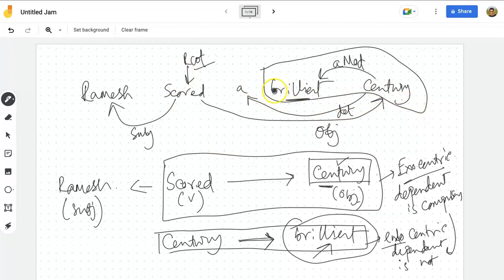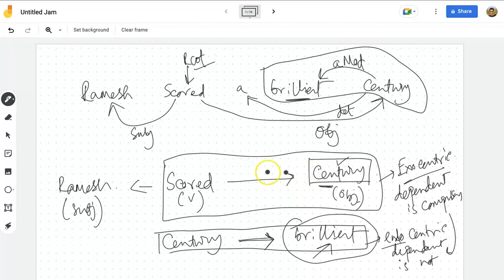Now for each of these dependency arcs, two kinds of relation are possible. One is exocentric and one is endocentric. So what is an exocentric relation? An exocentric relation is like that: from a verb to an object or a verb to a subject, where the dependent part is compulsory.